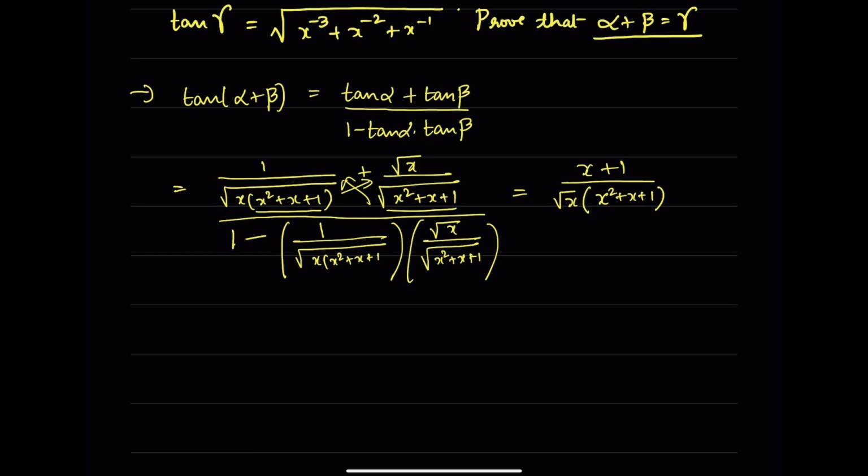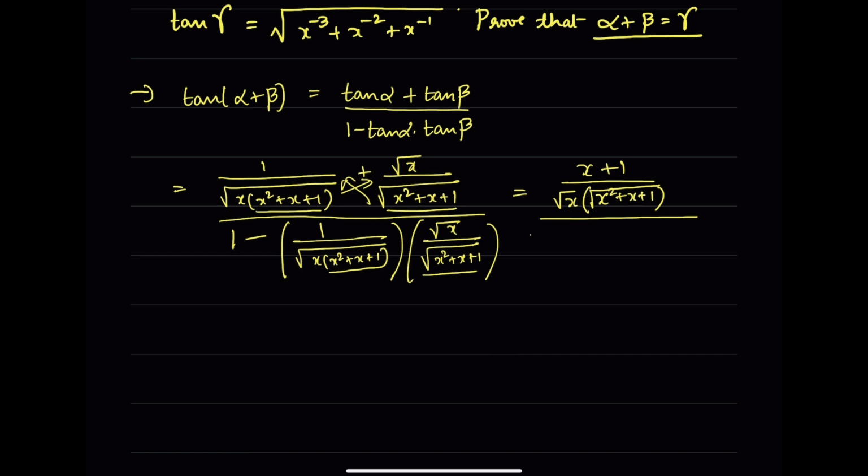I hope you got that right. Correct? Now what we can do is, this would be square root of x squared plus x plus 1, divided by, here in the denominator, we have square root of x squared plus x plus 1 multiplied by square root of x squared plus x plus 1.